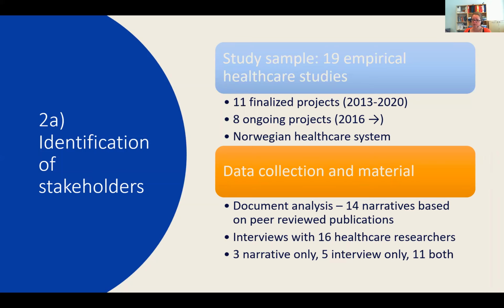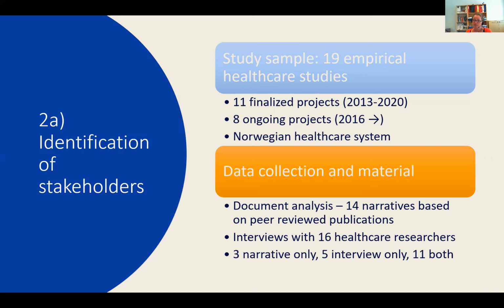And the data material consists of narratives based on peer-reviewed publications from 14 of the studies, and also 16 interviews with healthcare researchers involved in the studies. So a majority of 11 studies are represented in the data material by both a narrative and an interview.